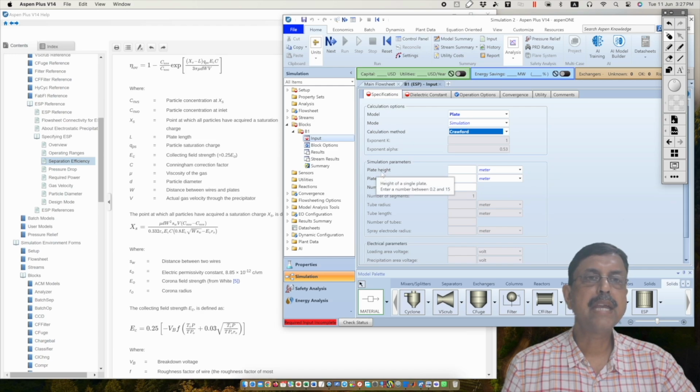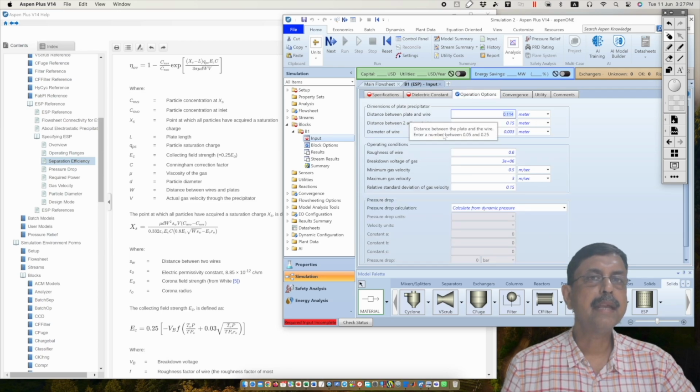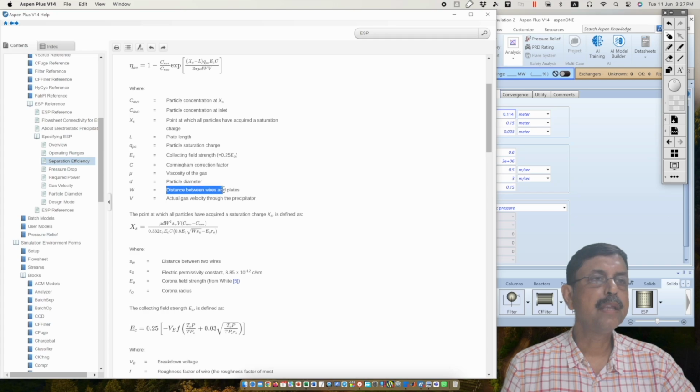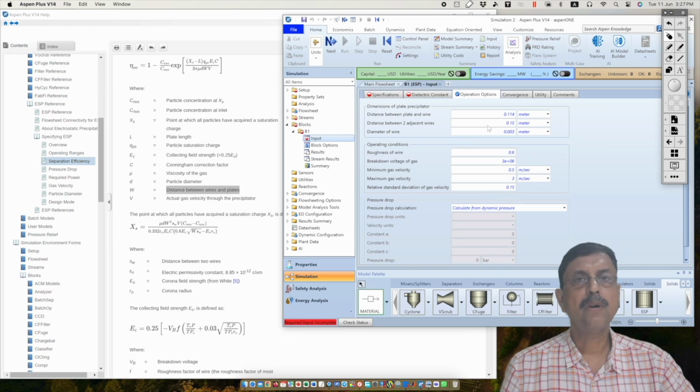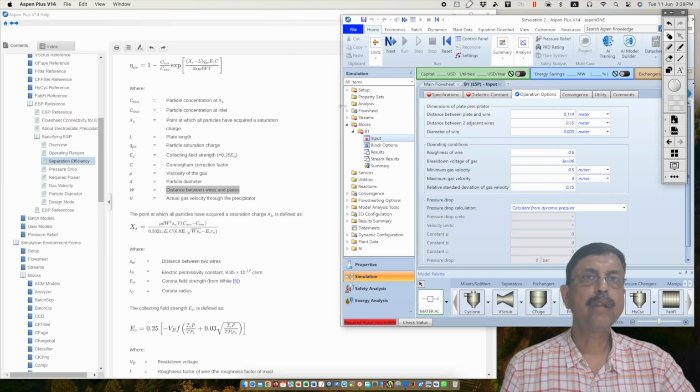You have to provide plate height, plate length. So here L, you have to provide the value. Number of plates has to be given. Then distance between plate and wire, that is W over here, that you have to provide. Some default values are already given in the system. You can use them or you can give the values as per your own requirement.